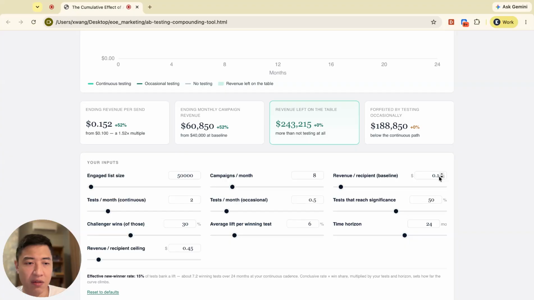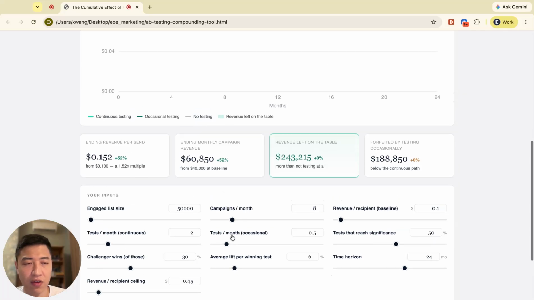Revenue per recipient at 10 cents, two tests versus one test every other month, basically. Only half of the tests reaching significance, and only a third of those significant tests having a challenger winner, and only a 6% relative lift per test over a 24-month horizon, and we'll cap the revenue per recipient.